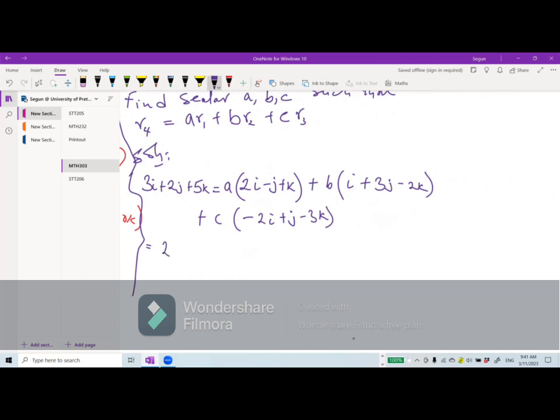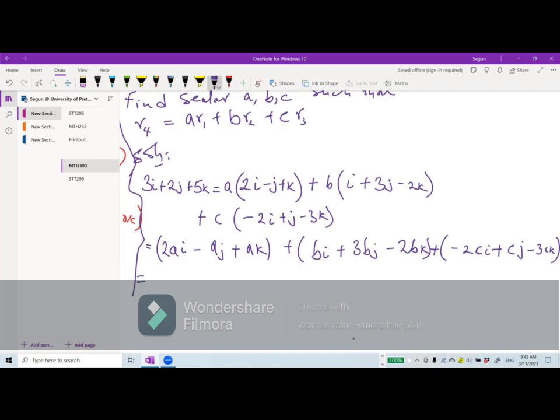I will have 2ai minus aj plus ak plus bi plus 3bj minus 2bk plus negative 2ci plus cj minus 3ck.